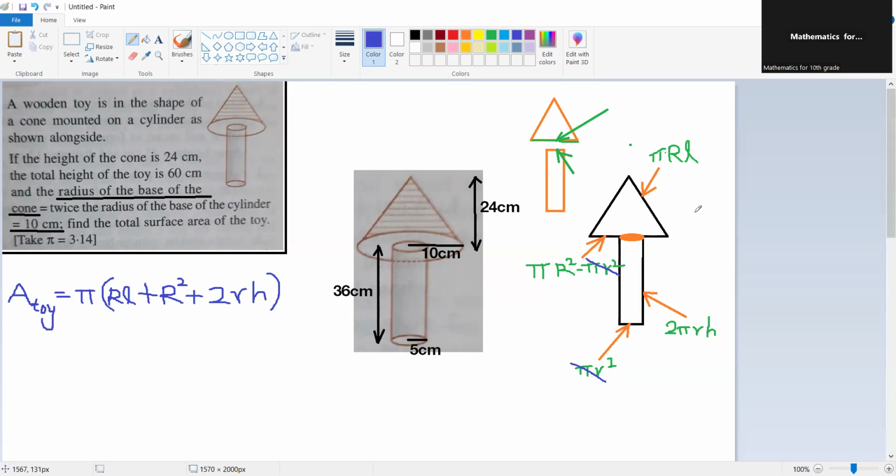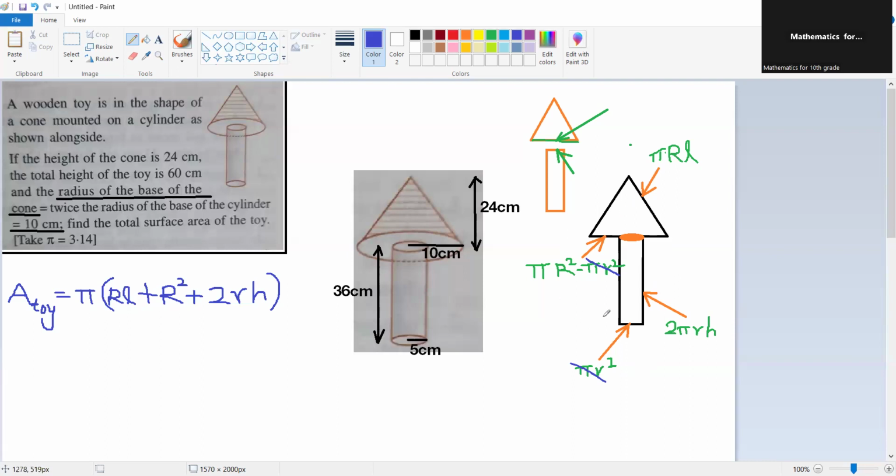So just to recap, pi RL is the curved surface area of the cone. Pi capital R square is the total area of the base, minus, so we account for the thing which is not exposed, pi small r square. 2 pi r h is the curved surface area of the cylinder, and pi small r square is the area of one flat surface of the cylinder.